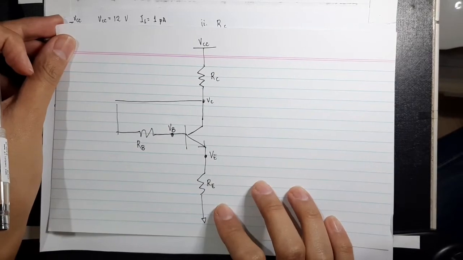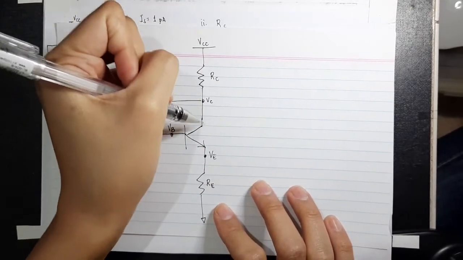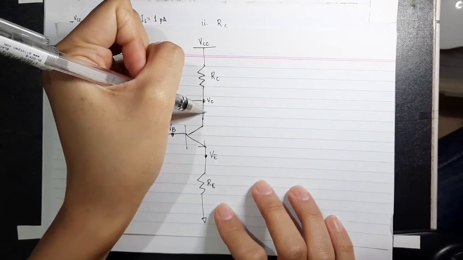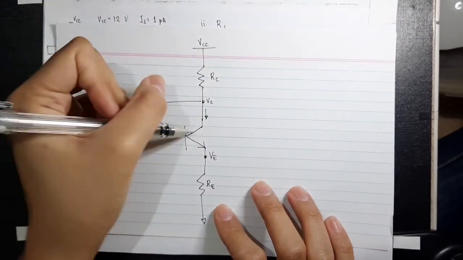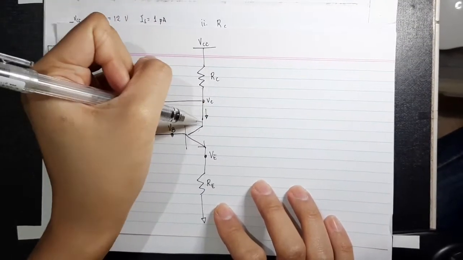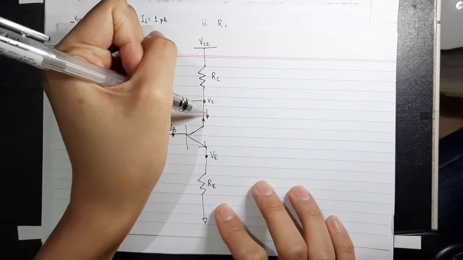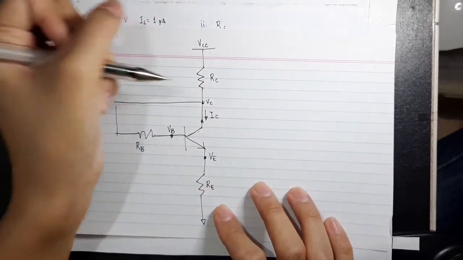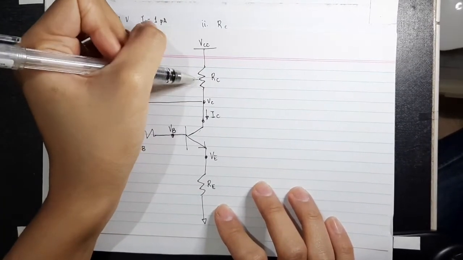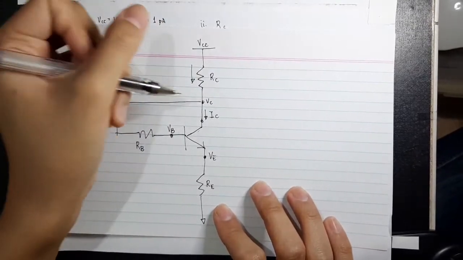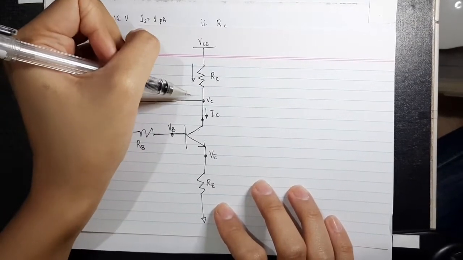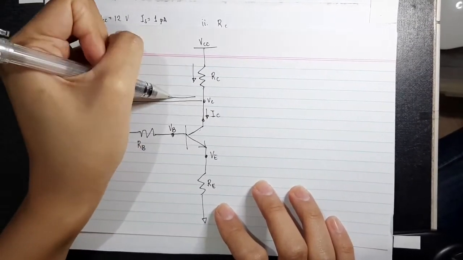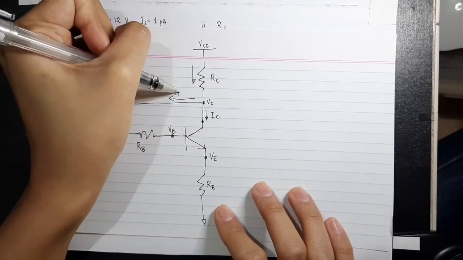the value of IC, take note, IC is the current flowing through the collector node. So this is IC, and this is not equal to IC because this value is equal to the current flowing through here plus the current here, which is IB.